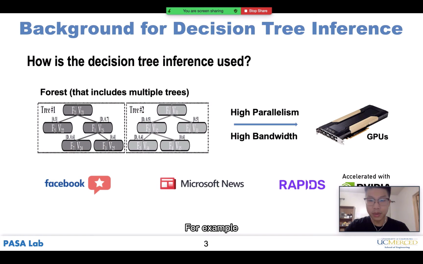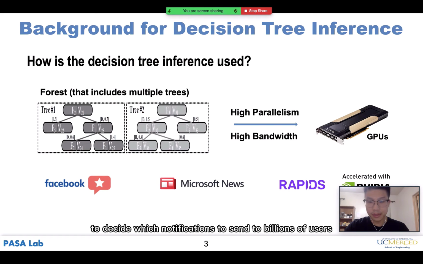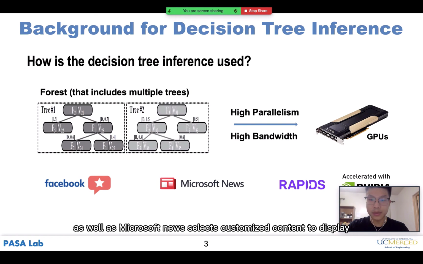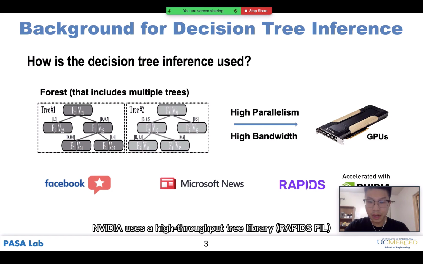For example, Facebook uses a high-throughput tree inference engine on GPU to decide which notification to send to billions of users, as well as Microsoft News selects customized content to display. NVIDIA uses a high-throughput tree library, RAPIDS FIL, on GPU to serve massive inference requests.